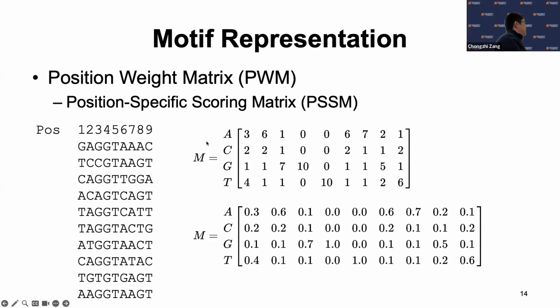Once we got the results, these are all the sequence patterns that this transcription factor can bind. How do we generate a position weight matrix? The first step is simply to count, in each position, the occurrence or frequency of each of the 4 nucleotides. For example, in the first position, there are 3 A's, 2 C's, 1 G, and 4 T's.